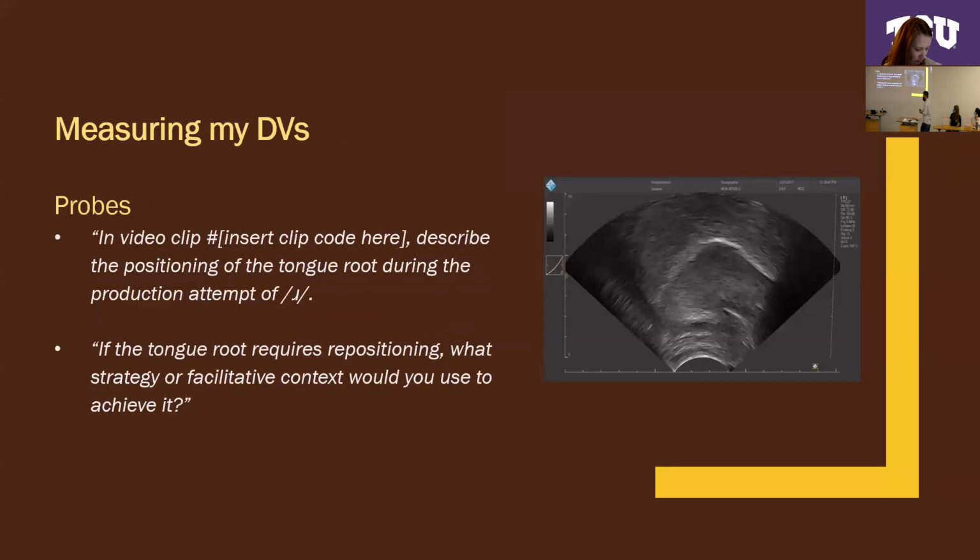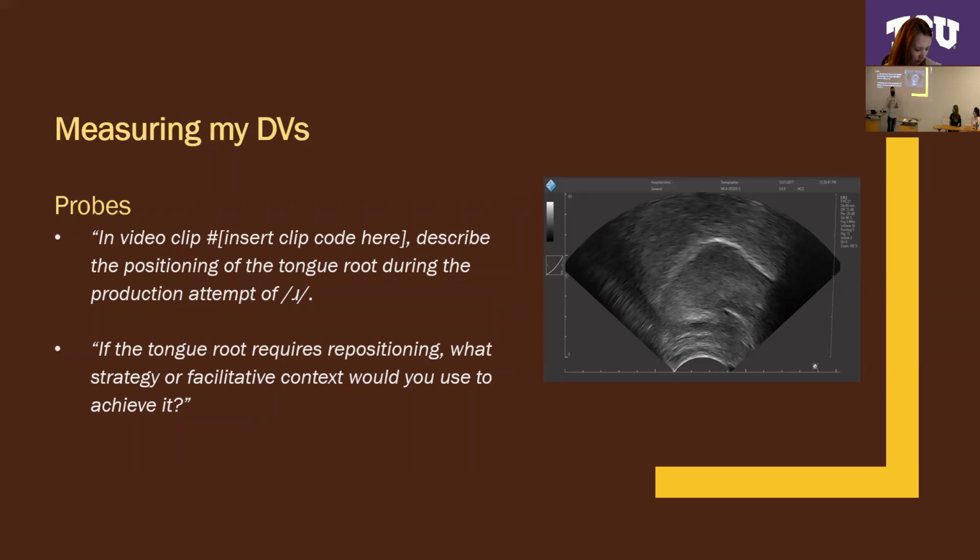So how did I measure my dependent variable? I know this is a picture, but we didn't do it with just a still picture. I provided them with a video clip of a child producing a word. Based on that, they needed to make a judgment on the positioning or configuration of the different tongue sections.